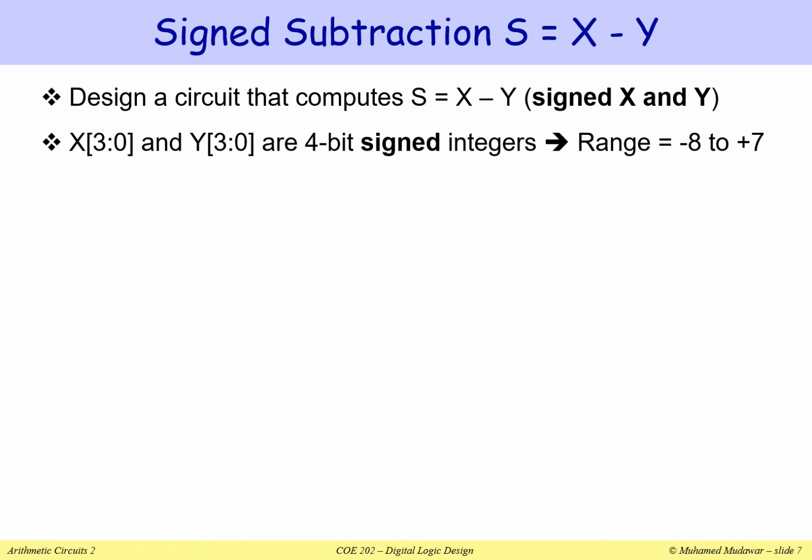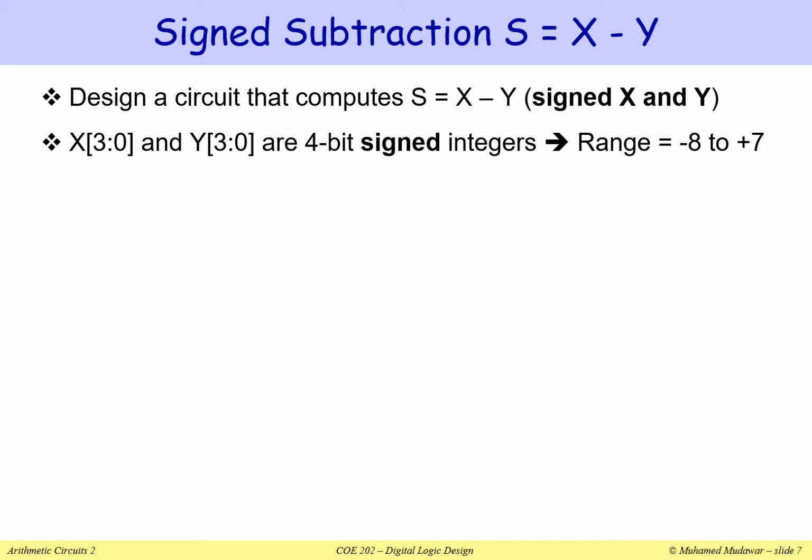If I would like to do signed subtraction, I would like to design a circuit that computes S is equal to X minus Y, where X and Y are signed. The first question that comes to my mind is what is the range for X, Y, and S? The range for X and the range for Y will be from negative 8 to plus 7.